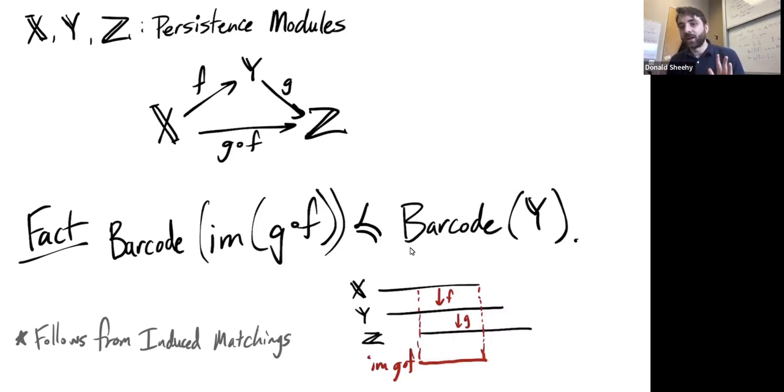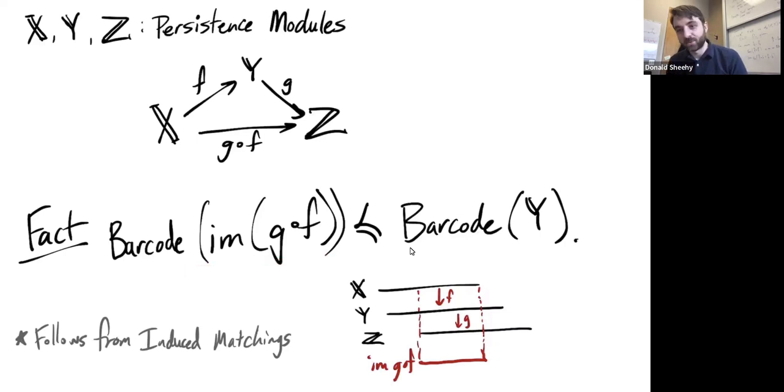Now you have to be super careful here, because when you switch from persistence modules to barcodes, it's not functorial. So it's not obvious, or even necessarily true, that the matching you got from bars in X to bars in Y and the matching from bars in Y to bars in Z will compose to the matching you got from just taking the map itself. So you have to be careful, but it works because we're looking at an image here.